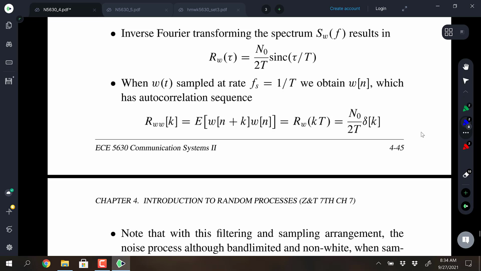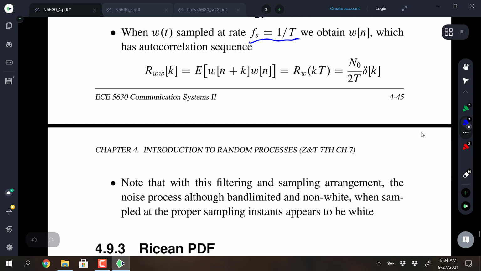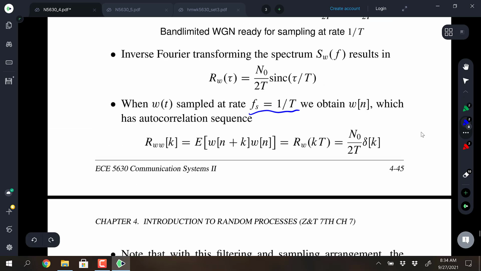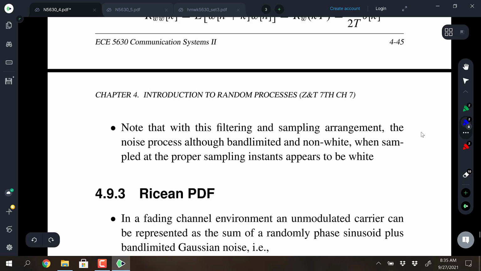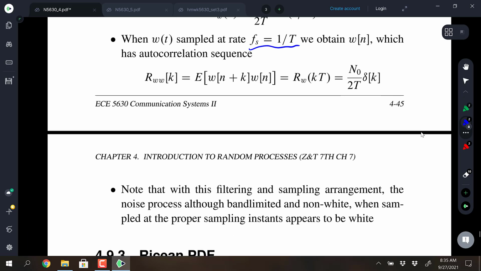But if it was flat across the band, then you get a sinc function in the autocorrelation function. And if you look at sampling right at the Nyquist rate, 1 over T, then an interesting thing results, namely that it looks like it's white noise, just because it filled the entire Nyquist band, and then because of the sinc function in here, it's going to make it appear to only be activated at k equal to 0.